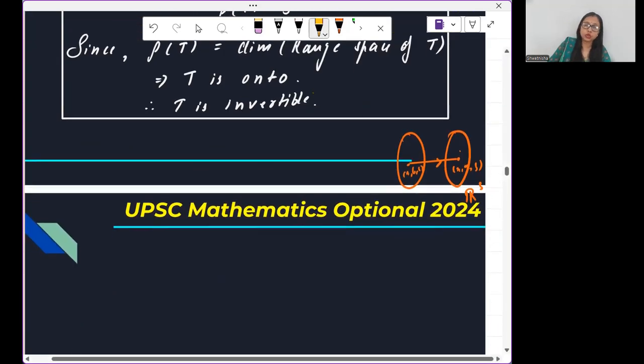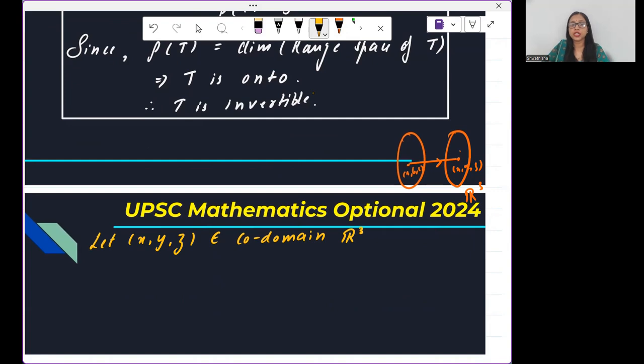So let x comma y comma z belong to the codomain, because domain and codomain are the same, so it's better to write down where I'm talking about domain and where I'm talking about codomain. So let x comma y comma z belong to the codomain R3.